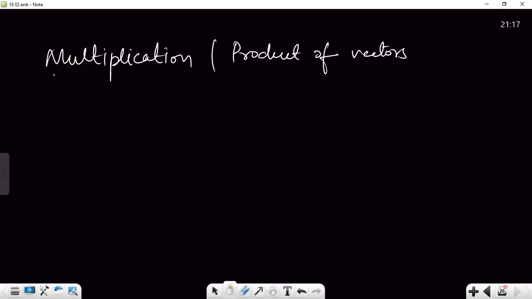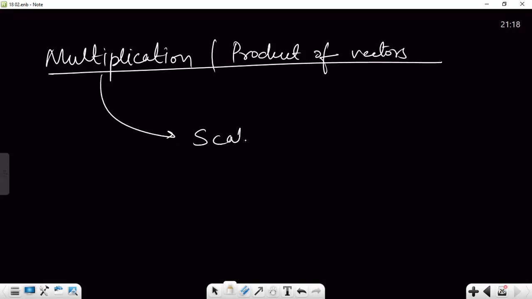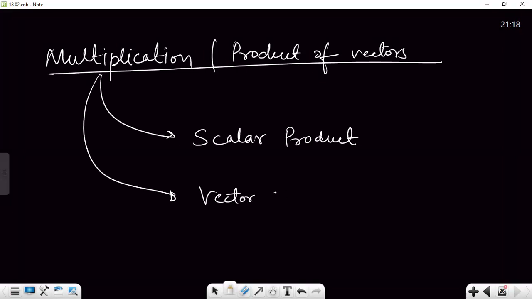There are two kinds of products of vectors. One in which the product is a scalar quantity, and that kind of product we call a scalar product. Another multiplication in which the product comes out as a vector quantity, so we call that product a vector product.